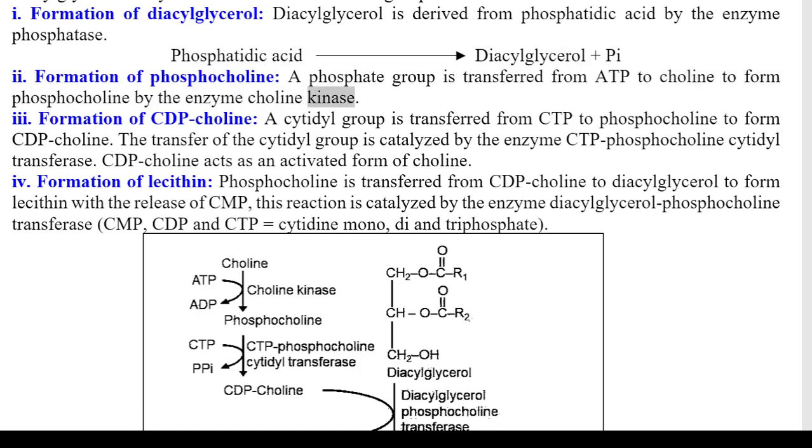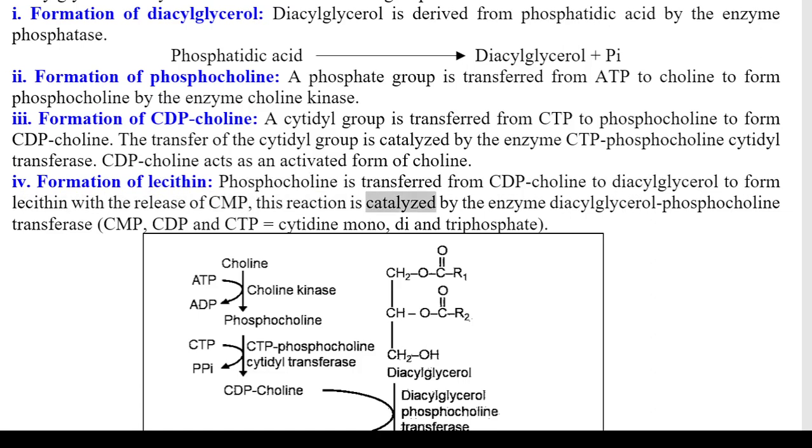kinase. 3. Formation of CDP-choline. A cytidyl group is transferred from CTP to phosphocholine to form CDP-choline. The transfer of the cytidyl group is catalyzed by the enzyme CTP-phosphocholine cytidyl transferase. CDP-choline acts as an activated form of choline. 4. Formation of lecithin. Phosphocholine is transferred from CDP-choline to diacylglycerol to form lecithin with the release of CMP.